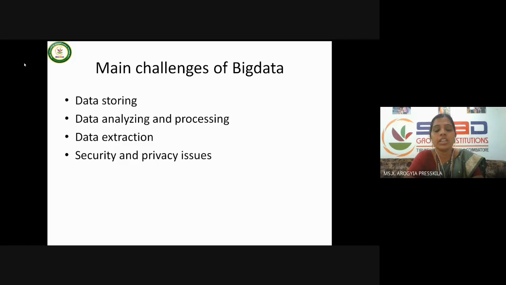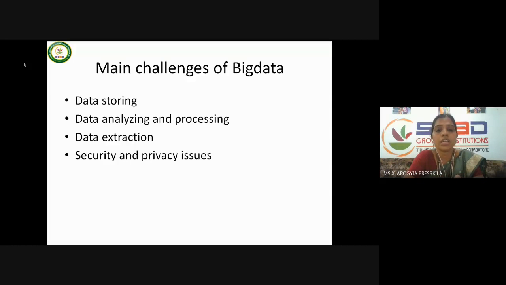In the other case, the asymmetric encryption algorithm, there are a public key and a private key. On one side they encrypt the data with one key, and on the other side they decrypt the data with the other key. Many encryption algorithms are there to secure big data.